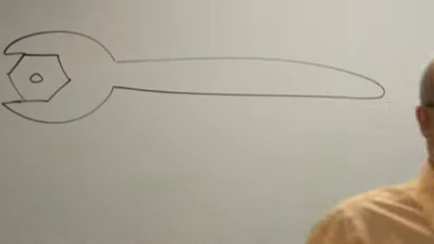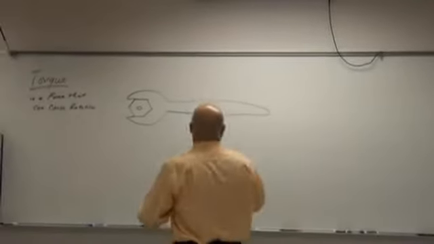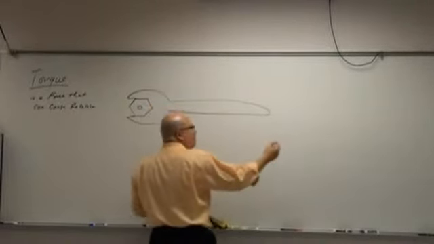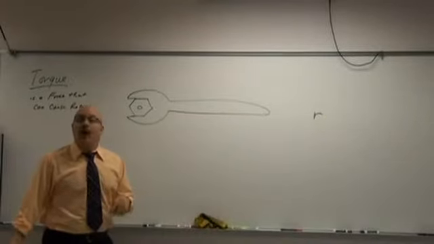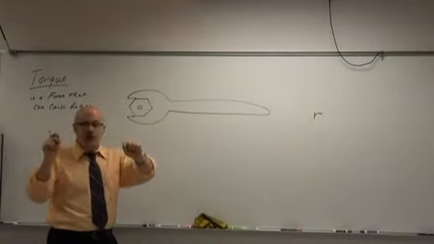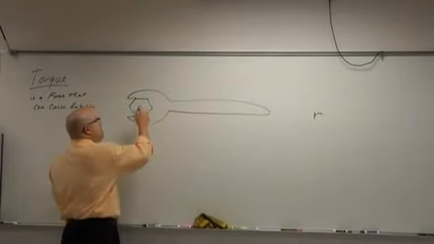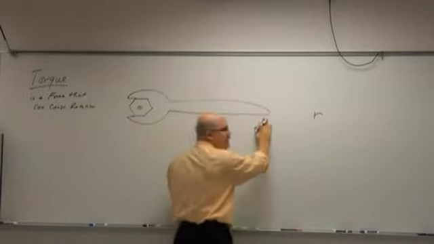Now, it might not cause rotation, but it can cause rotation. All right? So, first of all, we've just learned that it's related to the radius, where you grab the wrench relative to the rotation point, right? Here's our rotation point right there. So you would grab the wrench out here.